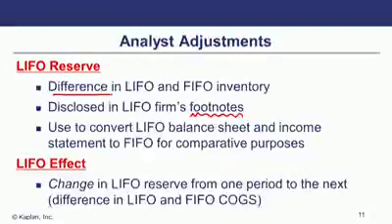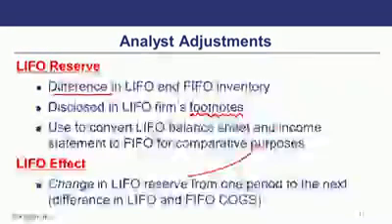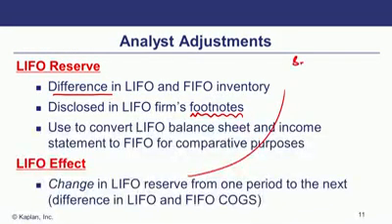Now the LIFO effect, it says down here, the LIFO effect, it's the change in the LIFO reserve from one period to the next that actually affects our cost of goods sold. Well, yes, because if you think about our cost of goods sold, it's made up of beginning inventory plus our purchases less our ending inventory. So there's our three components. That gives us our COGS, cost of goods sold.